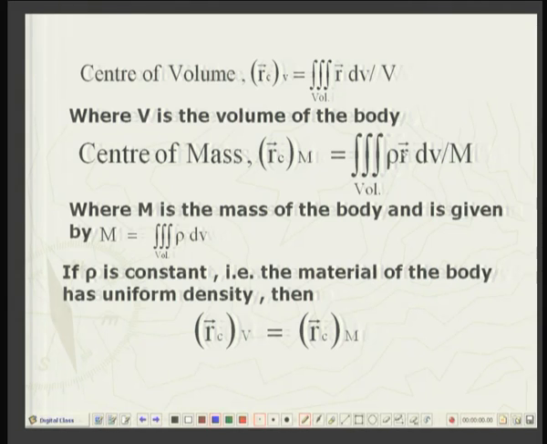Depending on whether you have metal 1, metal 2 or metal 3, the densities will be different. So, for non-homogeneous densities, you have this definition of center of mass.